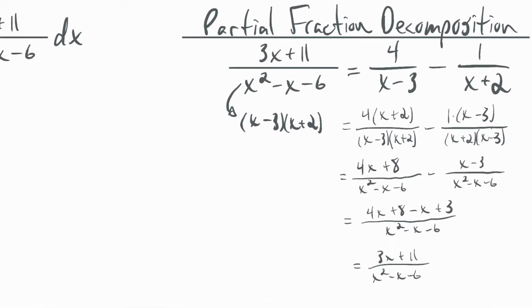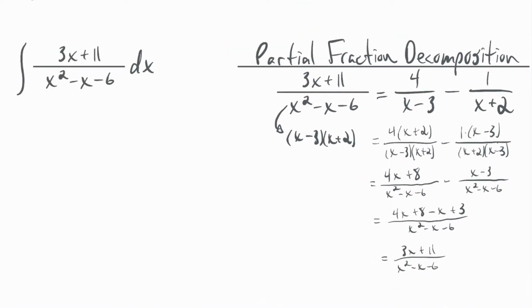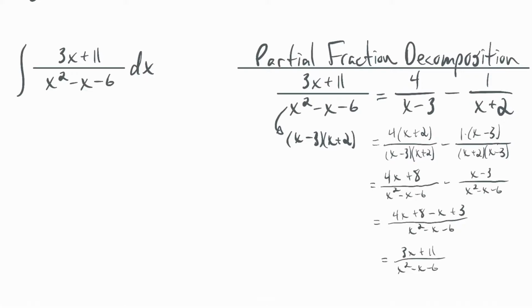How do we come up with a decomposition? Well, that we'll address in future examples. I just want this to be an introduction to the technique, and then we'll do several examples in detail. So with that decomposition, what I can do over here is the following. I can say, oh, well, this equals the integral of 4 over x minus 3 minus 1 over x plus 2 dx.